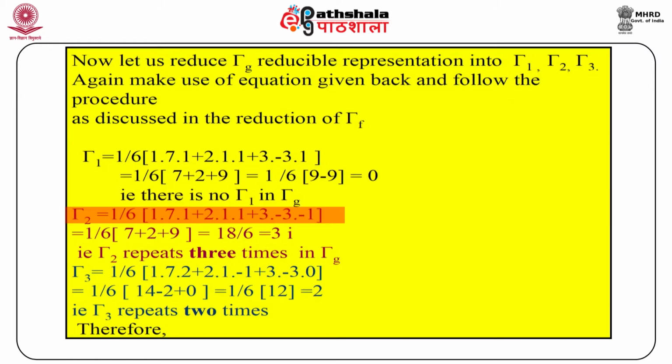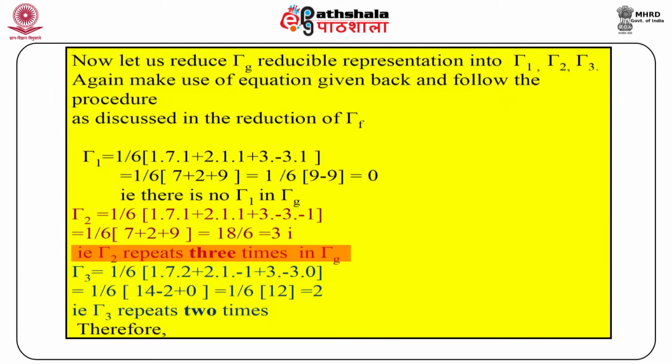Tau 2: 1 by 6, 1 into 7 into 1 plus 2 into 1 into 1 plus 3 into minus 3 into minus 1, that is 1 by 6, 7 plus 2 plus 9, 18 by 6, that is 3.